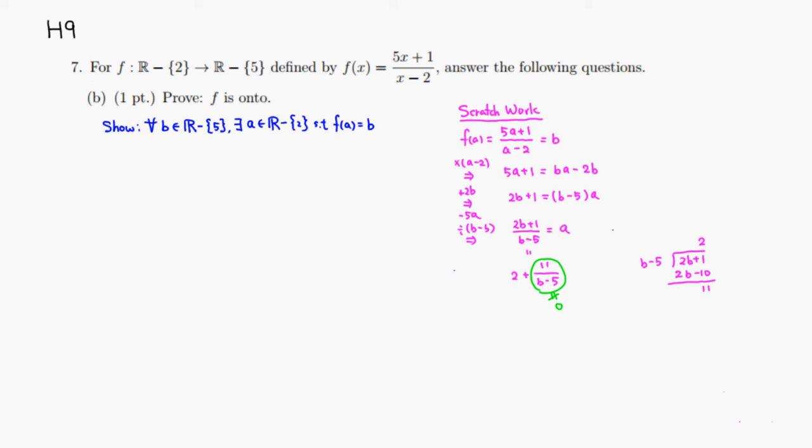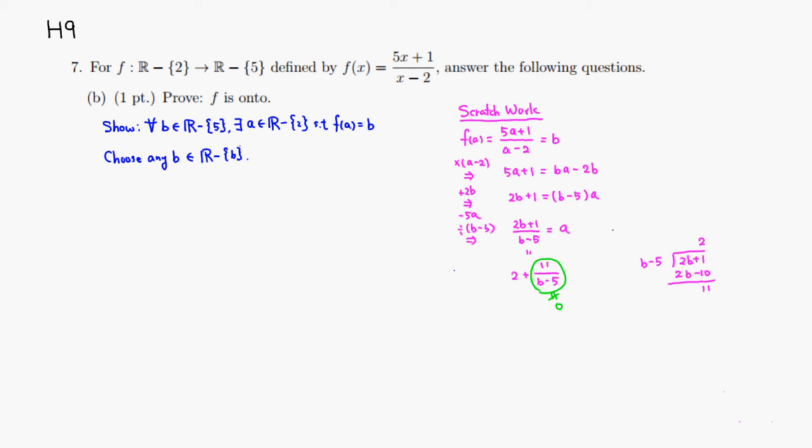We want to show that. We're going to start by choosing any b, which is a real number except for 5.